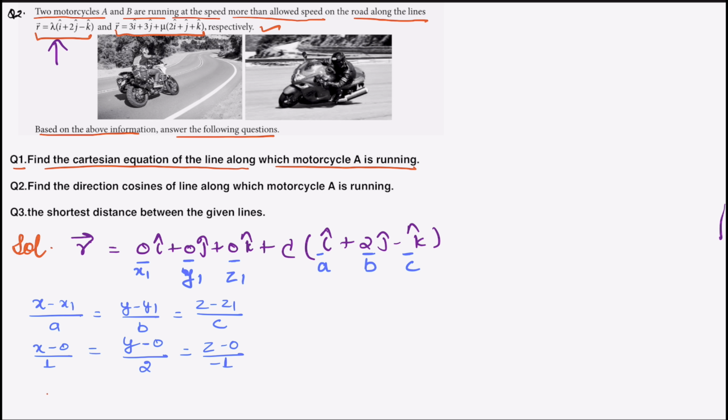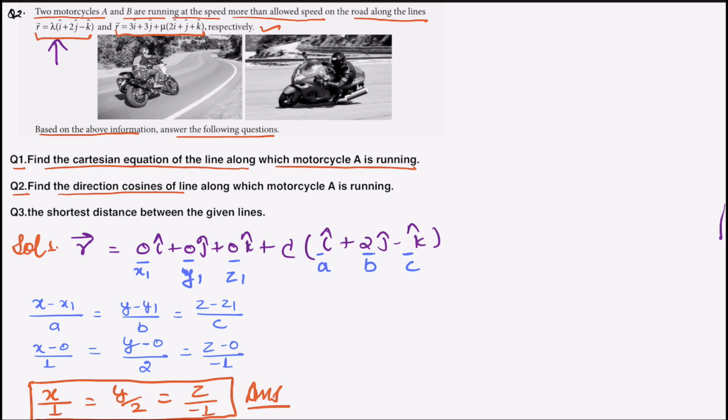Now from here we can write the answer: x by 1 equals y by 2 equals z upon minus 1. And this is the Cartesian equation of the line along which motorcycle A is running. And this is the answer. Clear?